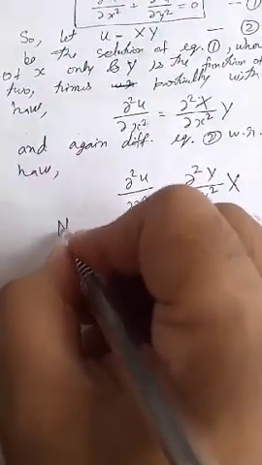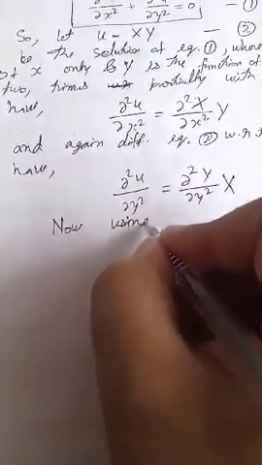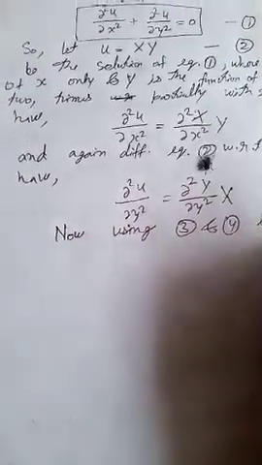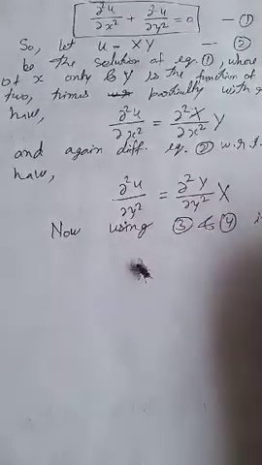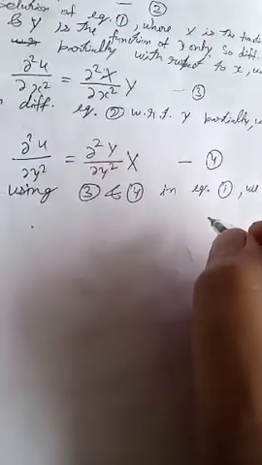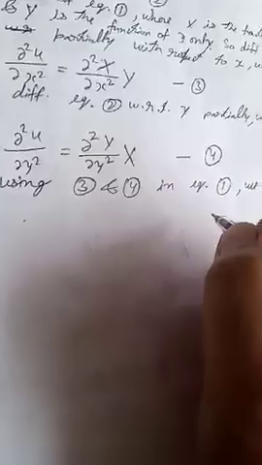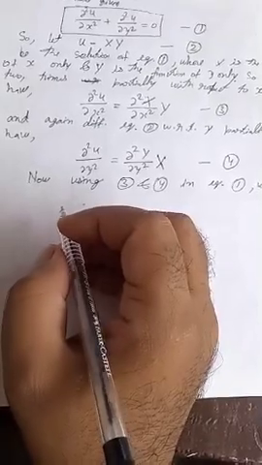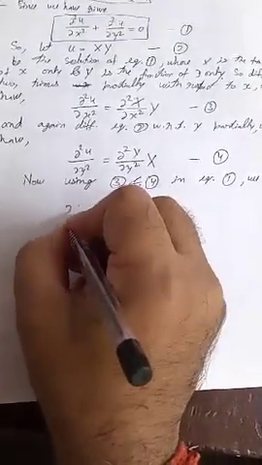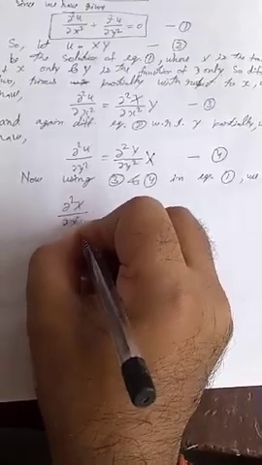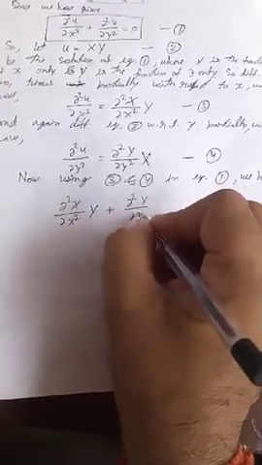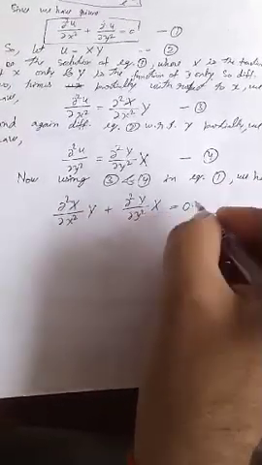Now using 3 and 4 in equation 1, we have del 2 X over del x square times Y plus del 2 Y over del y square times X equal to 0.